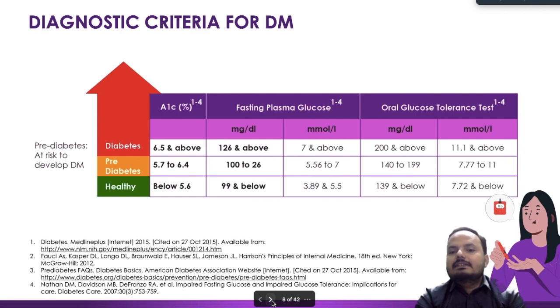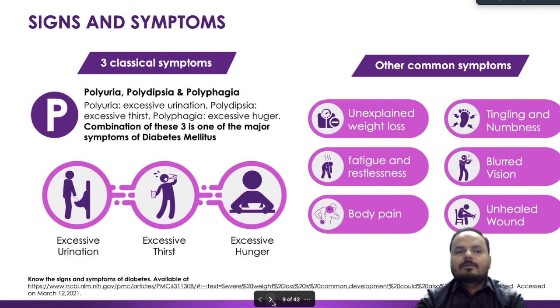The better test is HbA1c, which gives you details of the past 3 months of glucose control. If it's more than 6.5%, it's considered diabetes. If you're measuring fasting plasma glucose, it should be more than 126. Postprandial more than 200 is considered diabetes.